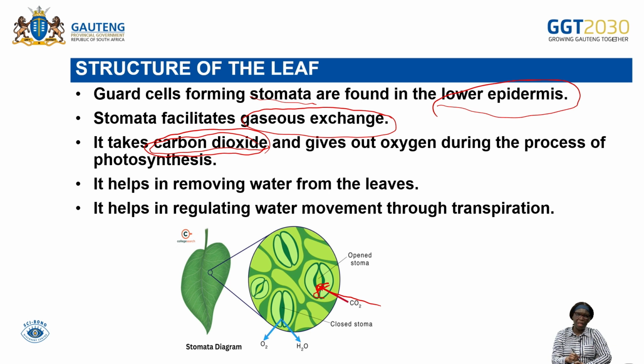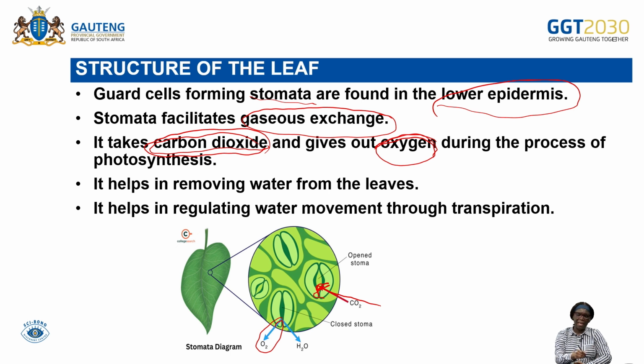Where to? To the chloroplast. And oxygen will be taken out of the leaf through the stomata. Oxygen will be released to the atmosphere through the stomata.